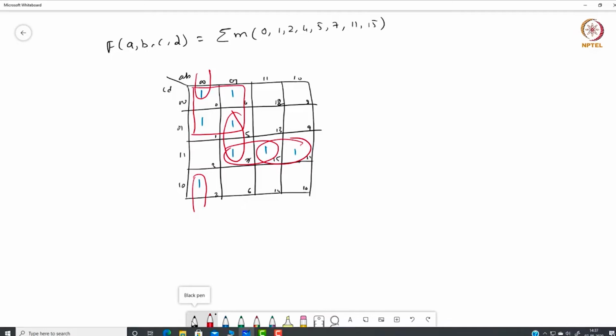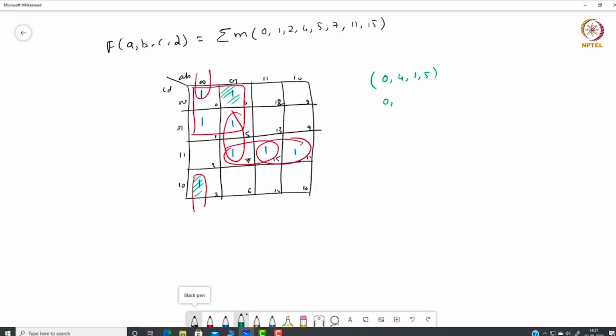Now what are the essential prime implicants? Visually we will see which are the min terms which are covered by only one prime implicant. Because of this, 0, 4, 1 and 5 will become an essential prime implicant, and this is also covered by only one prime implicant.